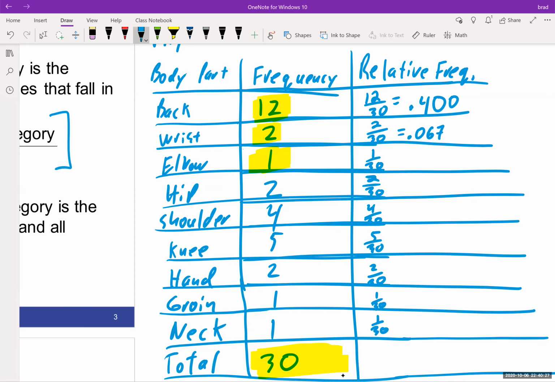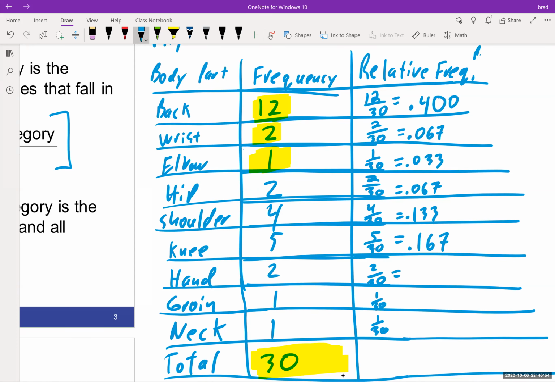Then 1 divided by 30, I get 0.033. 2 divided by 30, we know is 0.067. 4 divided by 30 is going to be 0.133. 5 divided by 30 is 0.167 if we round off to 3 decimal places.